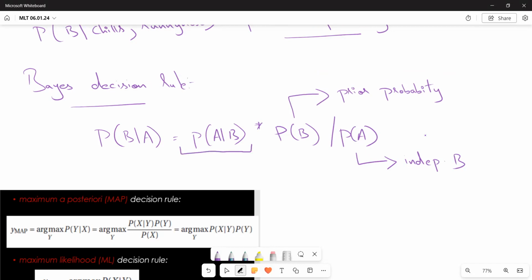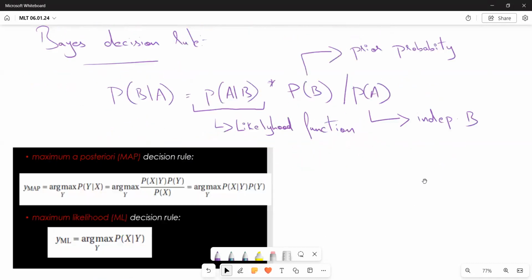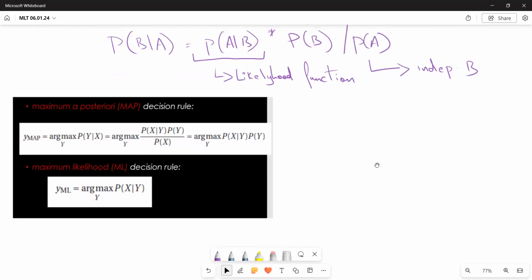This indicates the likelihood function. Probably you learned Bayes decision rules, but you should also try to understand what each term means, and only then will you be able to implement it or work based on it in an algorithm, right?